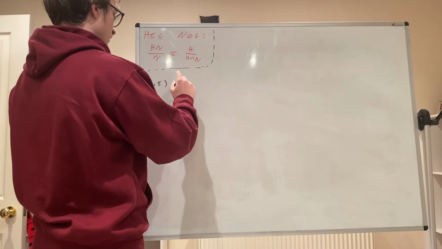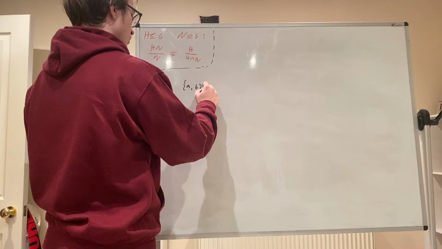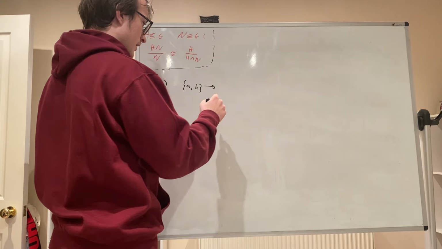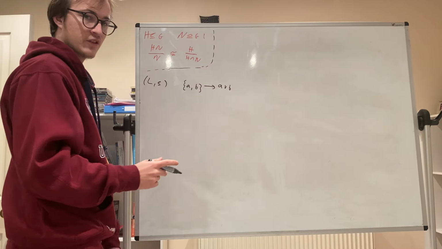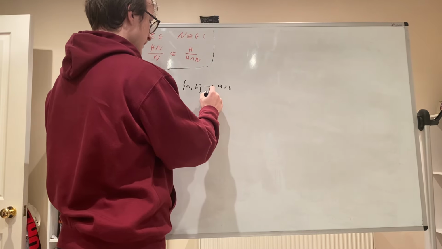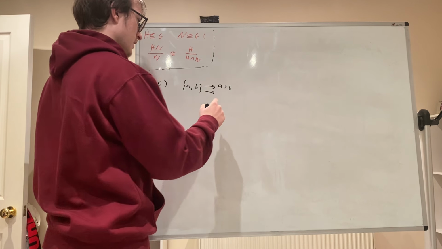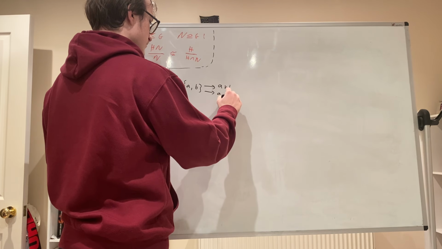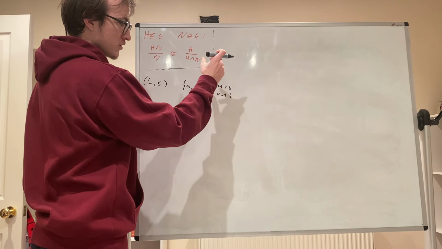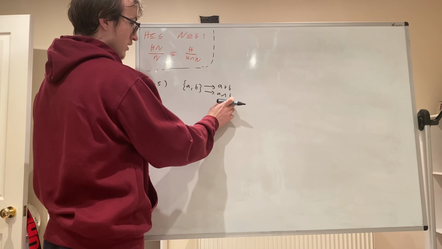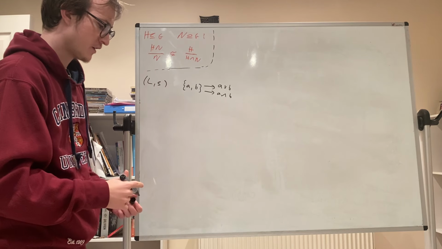Given a two-element subset of the lattice, we have a least upper bound, which is called the join, A join B, and we also have a greatest lower bound, which is A meet B. So we call the least upper bound A join B, and the greatest lower bound A meet B.